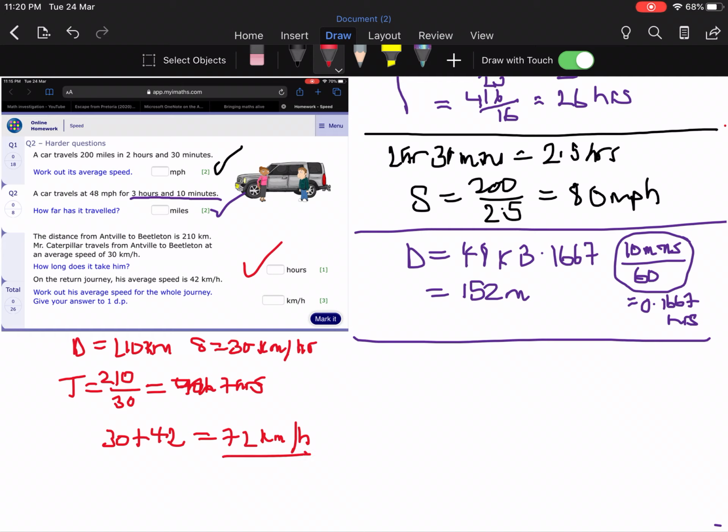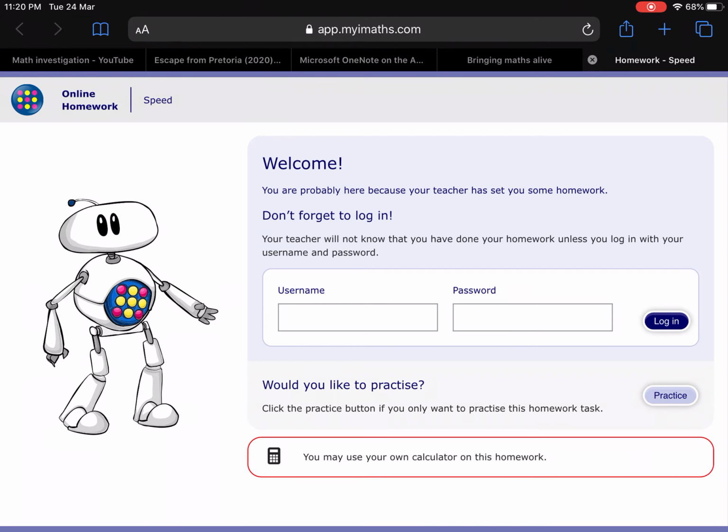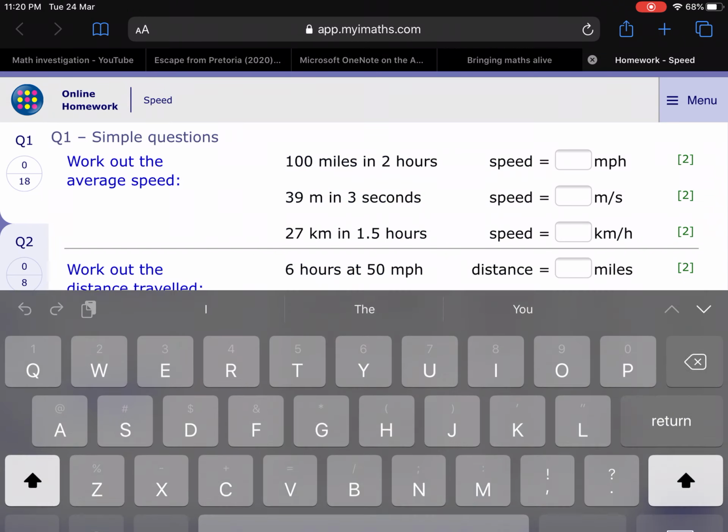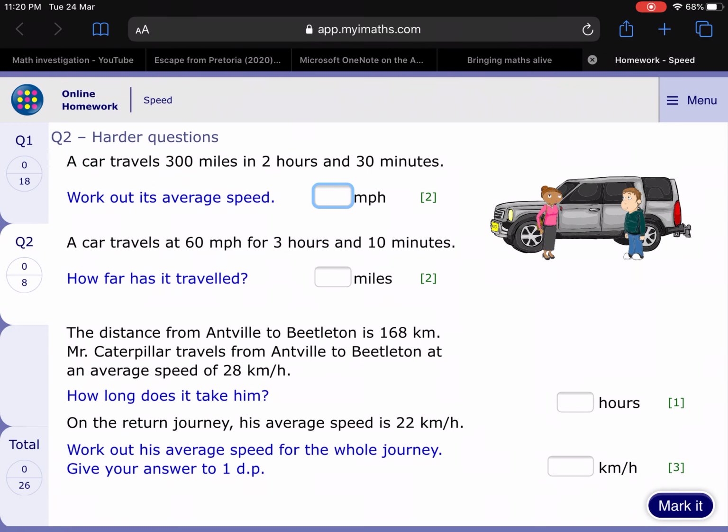And then I just divide it by 2 because he went there and back. So that's 36. And I just confirm that 36 one. Don't know if it's going to be the same.